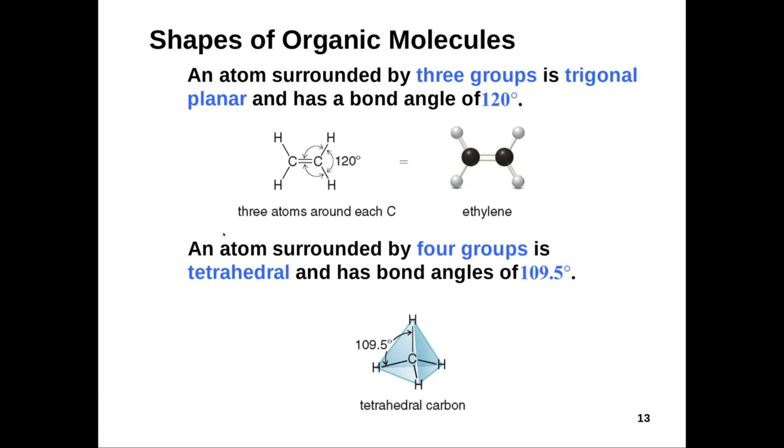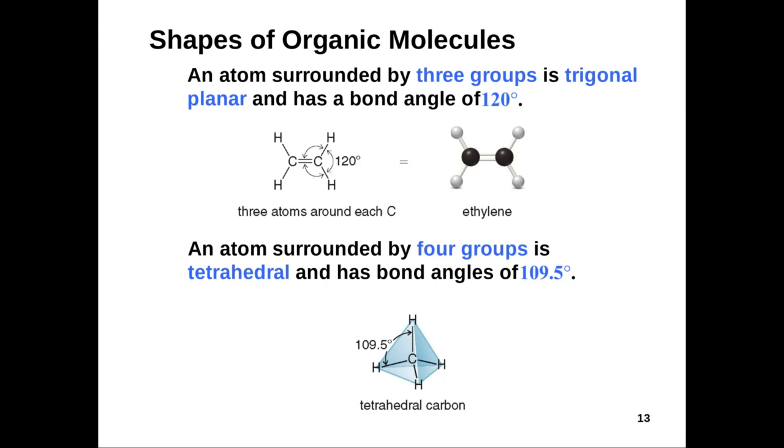And then finally, any atom that's surrounded by four groups is what we call tetrahedral, and these have bond angles of exactly 109.5. Now, this is organic chemistry, and there's a limited number of things that bind to organic molecules. So these are the three shapes we're thinking of primarily in this class.